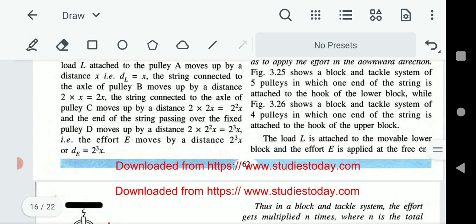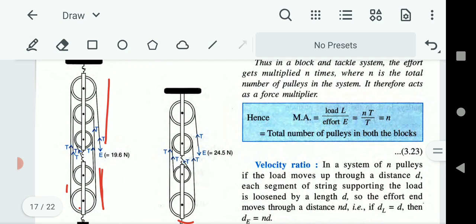One condition we have: either the lower pulleys have to be less than the upper pulleys, or the number of pulleys in the upper section has to be equal to the number in the lower section.